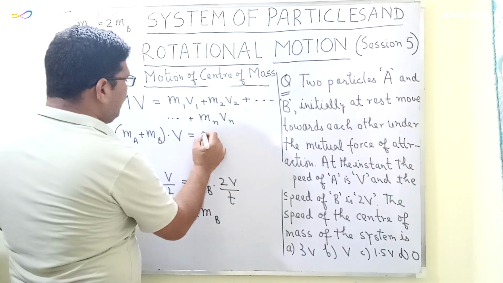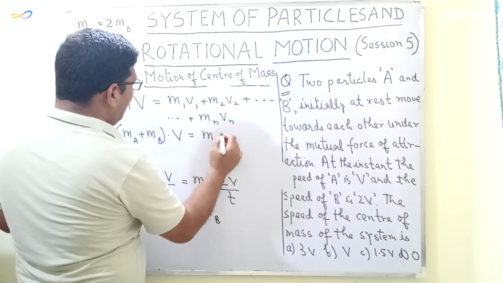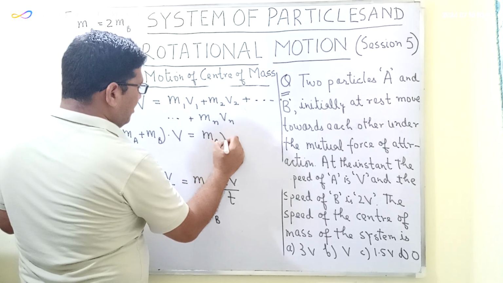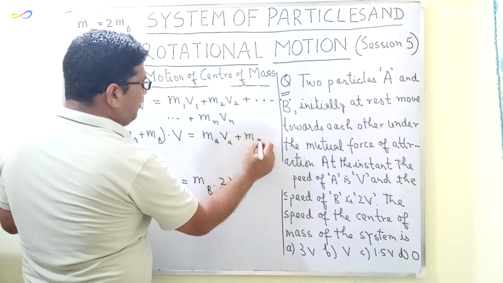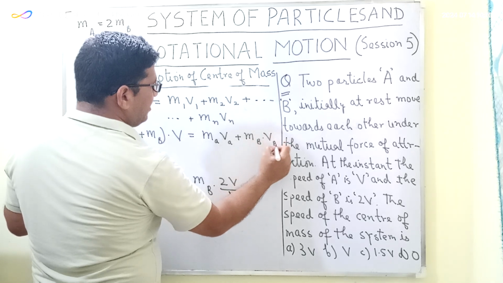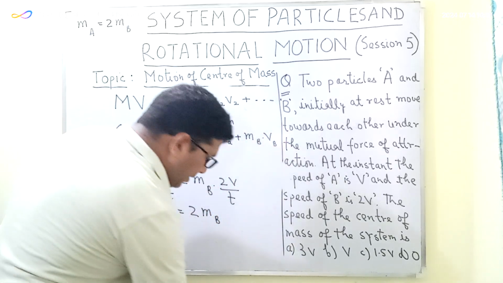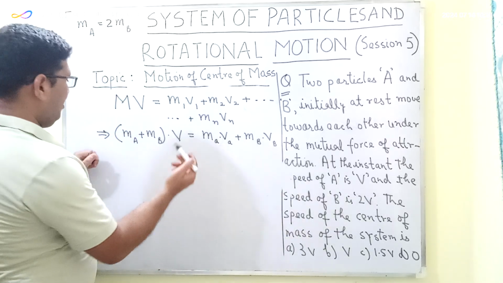So in this case it will be equal to ma va plus mb vb. Okay?